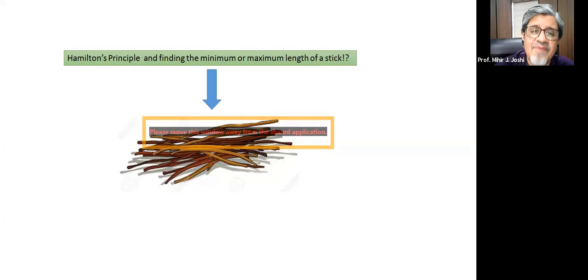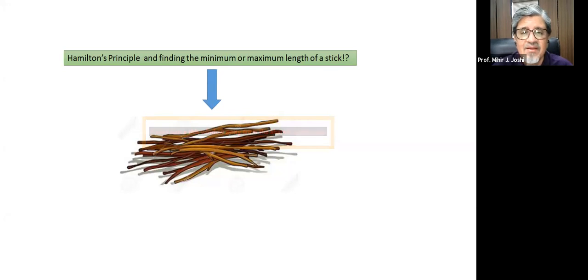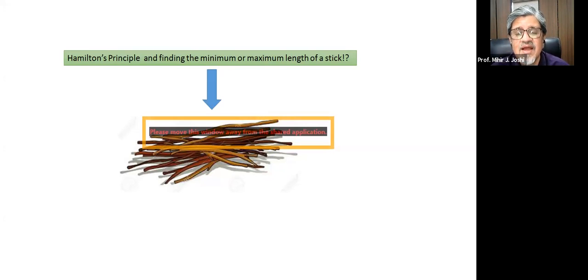Similarly, we want to identify the largest or longest stick. Again, we compare one stick with another and find out that a difference is there. But when we come to the last stick, a difference is also found, but then no stick is left, so we have to compare the same stick with itself, and the difference becomes zero.